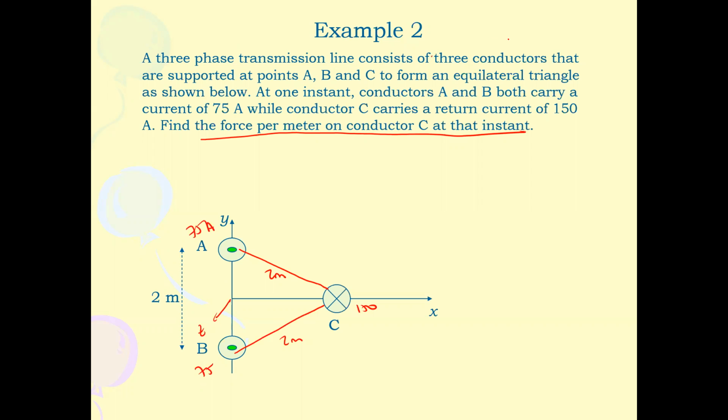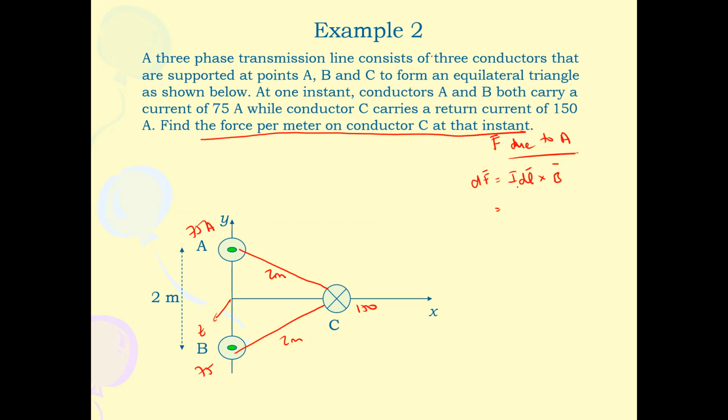Let's find the force due to conductor A. Since this is related to a wire current, we can simply use the equation dF vector equals I dl cross B. Remember, I dl vector is the element that experiences the force, which means that I dl vector here is the element on conductor C, while the B vector is the field density produced by conductor A.